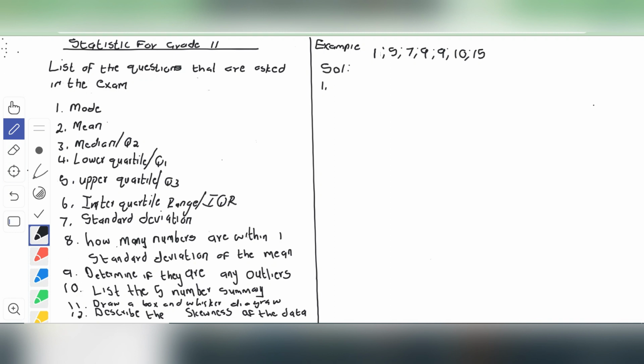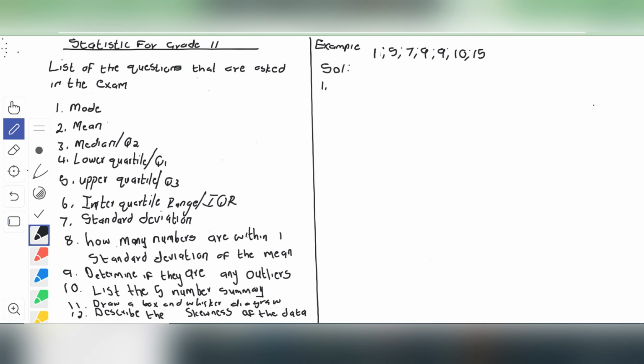But these are the major questions which the examiner asks. So if you know all of these questions from statistics, guys, you have 98%, because maybe 2% will get some other question from somewhere, but most of the time these are the questions that are asked in statistics for grade level.